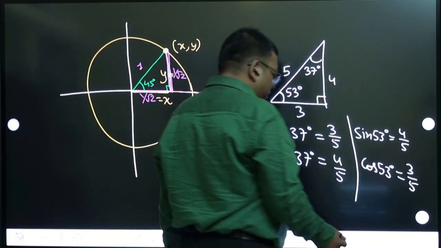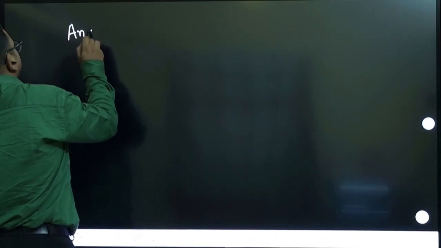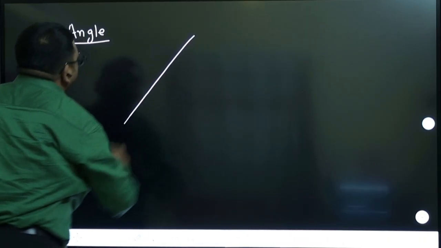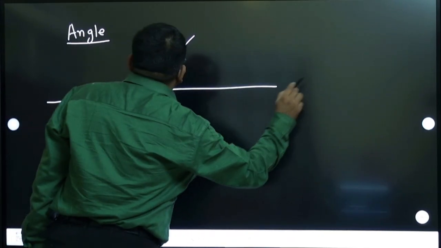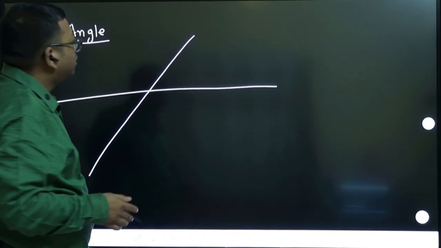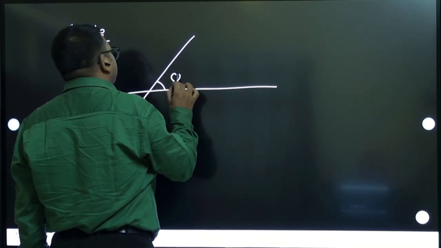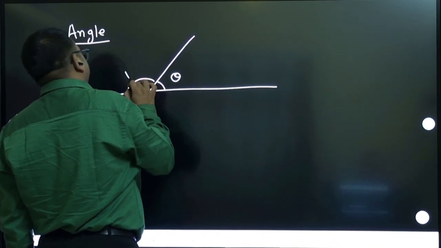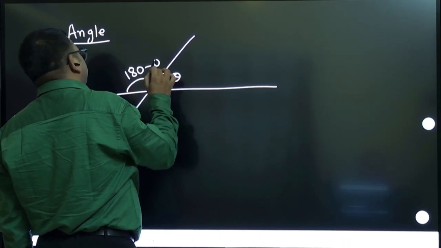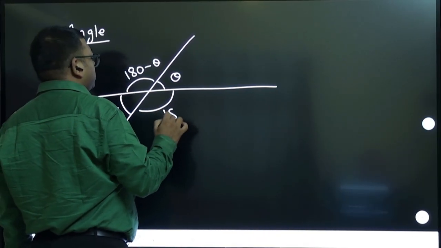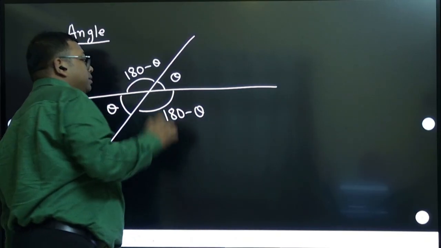We can remember that. Now, coming to the concept of angles. What is an angle? Angle is defined between two lines. Suppose this line and this line. If I take two lines, how do we define the angle? Suppose this angle is theta and this angle is 180 degrees minus theta. Then this is also theta, right? And then this is also 180 minus theta. So two angles are coming, right?